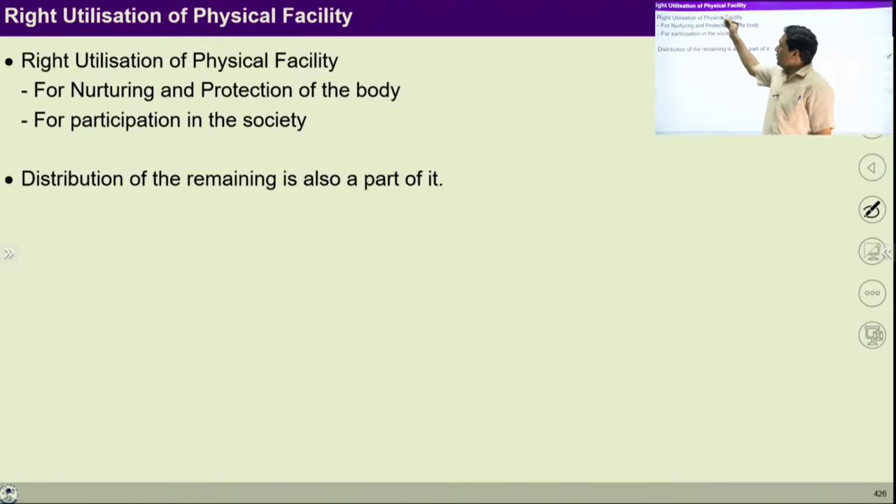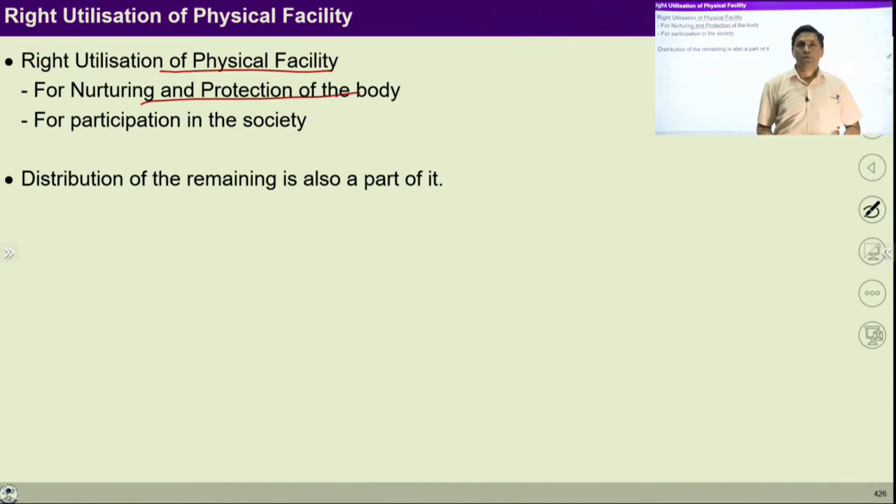So let's talk about all three things: how we can ensure right utilization of physical facility, body and the self. So, right utilization of physical facility. Why do we need this physical facility? Simple, for nurturing and protection of the body.